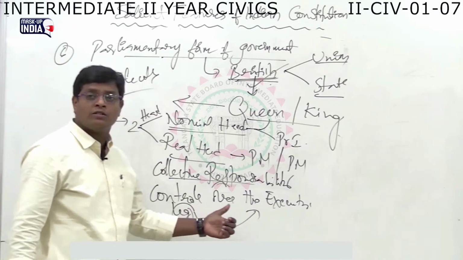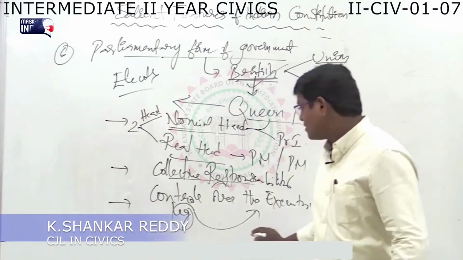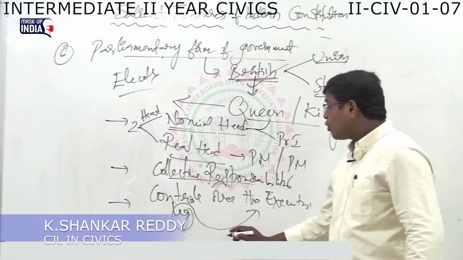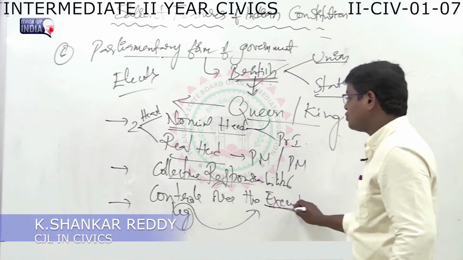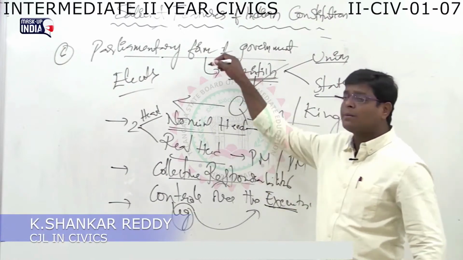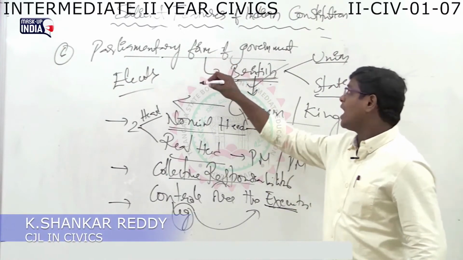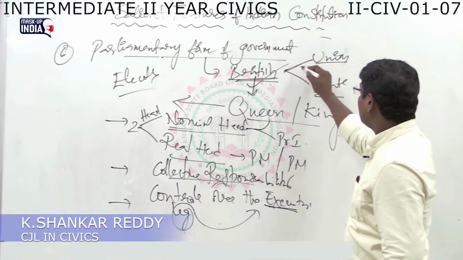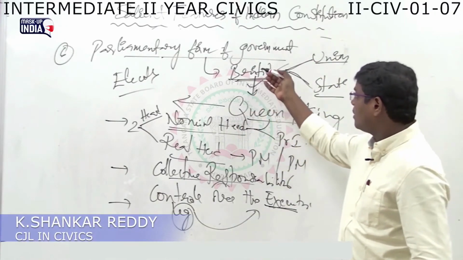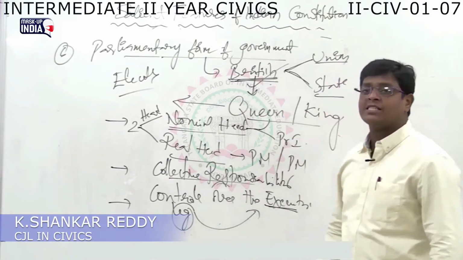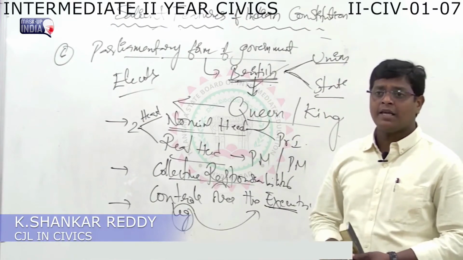They impose some motions like cut motions and also no confidence motion. The legislature controls the executive. These are the features of the parliamentary form of government. We adopted this at the union level as well as the state level. So this was inspired by whom? The British type, the Westminster model of the parliamentary system.